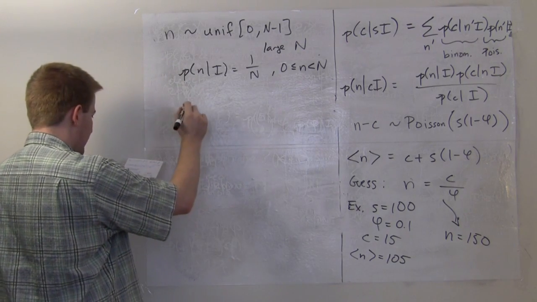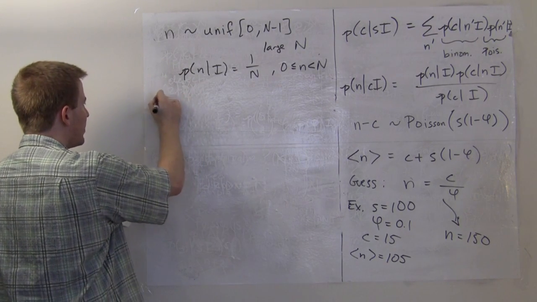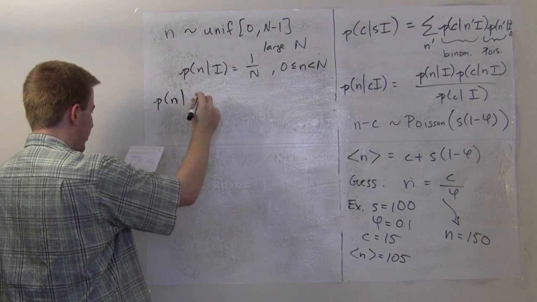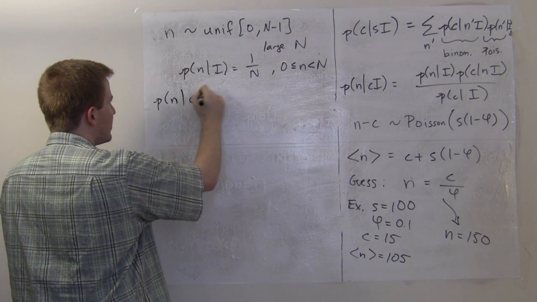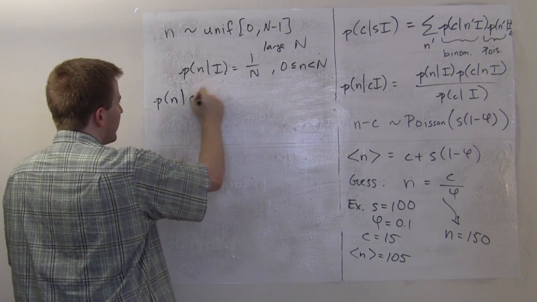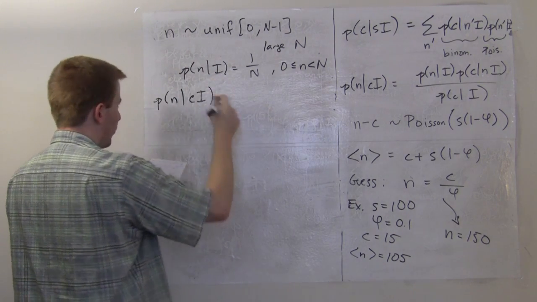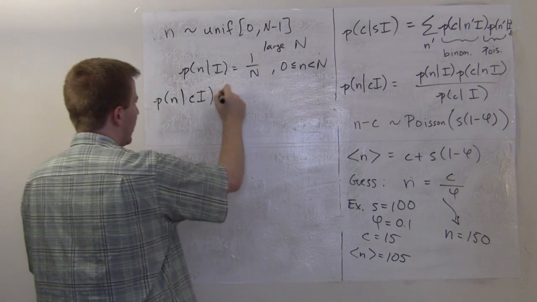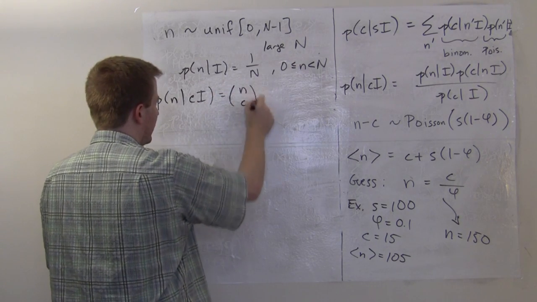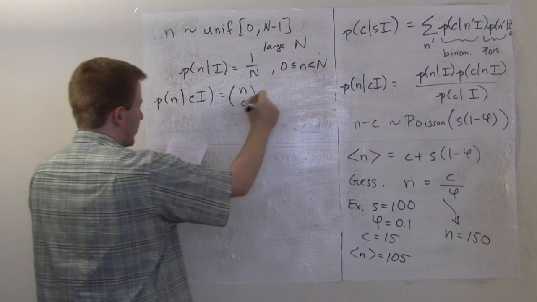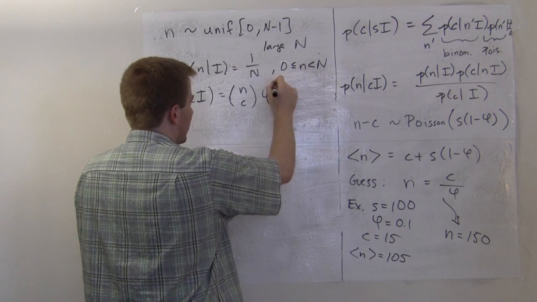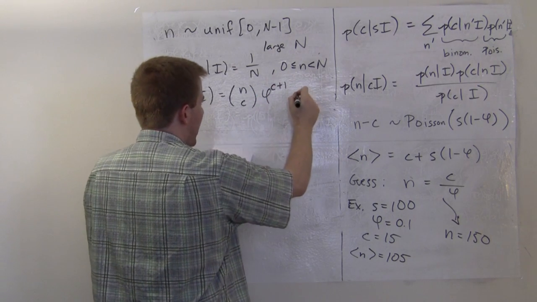And what it plays out to be is this. The posterior probability assignment for n given C and this alternate state of information, where we're assigning n the uniform distribution, is just the data likelihood, the binomial distribution thing, but with an extra factor of phi thrown into it.